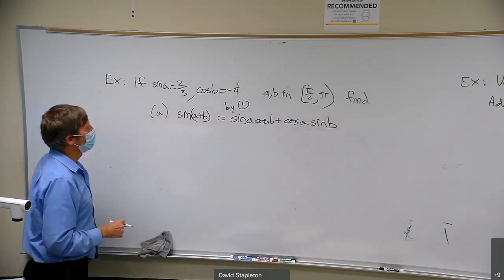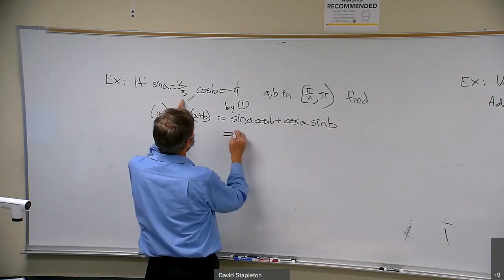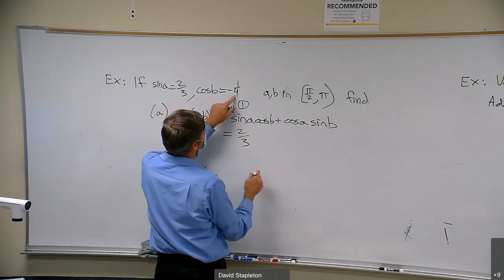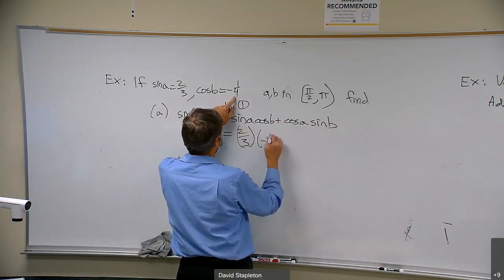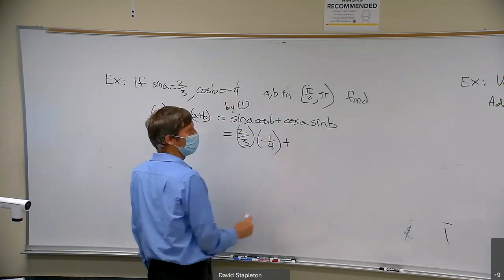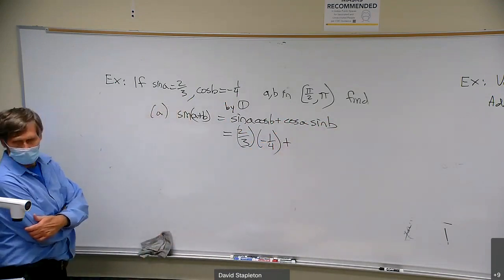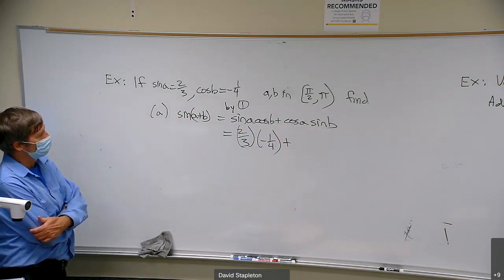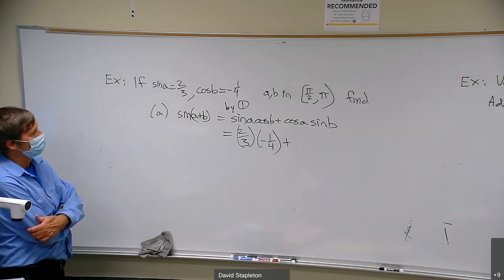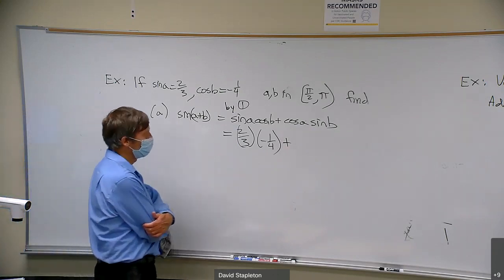And I know the sine of A is 2/3, cosine of B is minus 1/4, but what am I going to do about these other two? It's the cosine of A, it wasn't given.